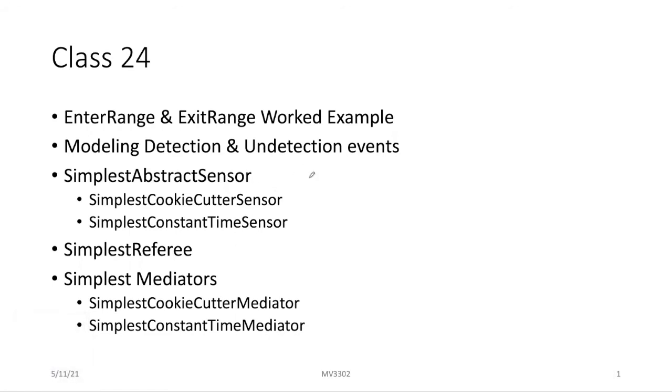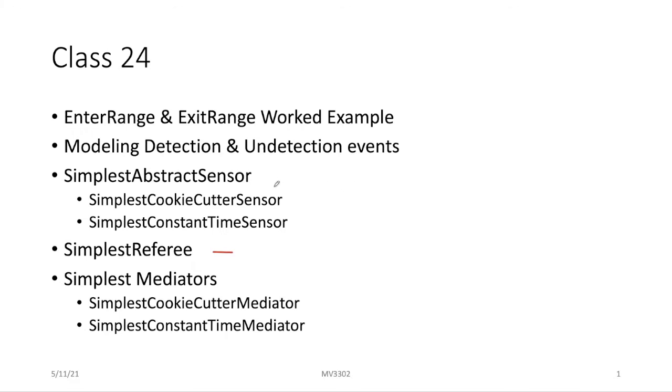And the way that I like to do the sensors is have these sensors and mediators, and then this referee that's going to adjudicate the enter and exit range events.